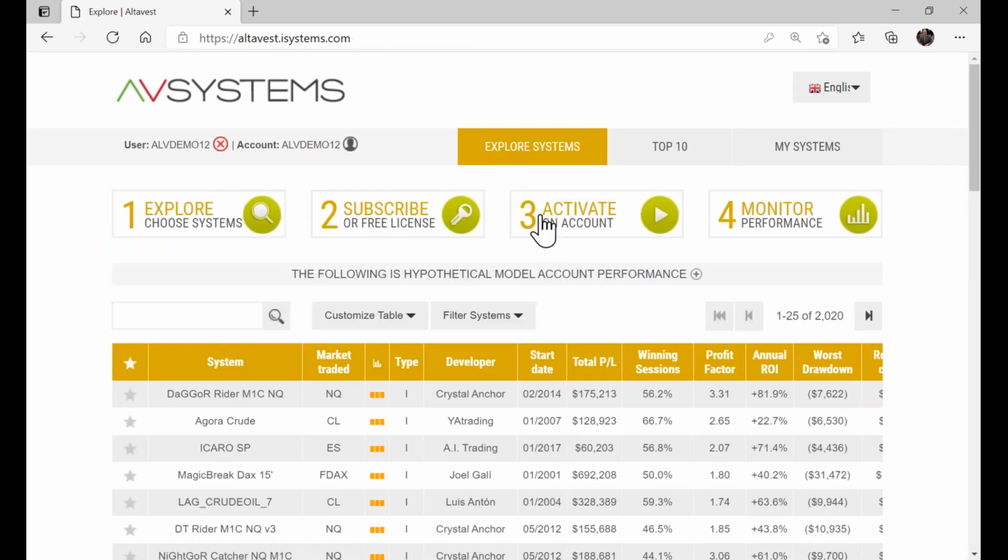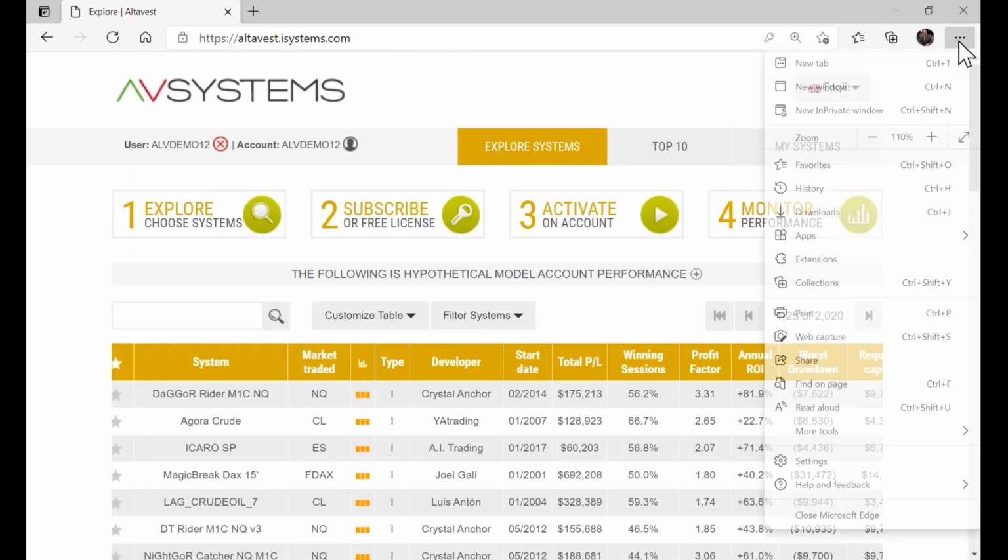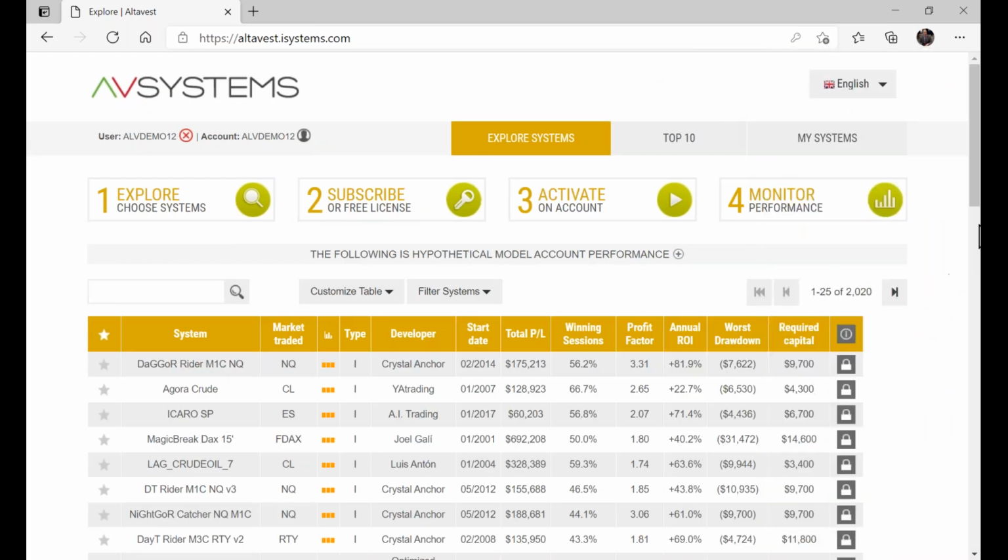All right, so with that said, I think that's a great overview, a great start for the AV Systems platform. And for what it's worth, we suggest activating systems and really letting them run and not getting too engaged. I can tell you about clients that do just that, where they activate systems and they walk away, and maybe 2 years later or even 3 years later, they finally decide to get out of the system.